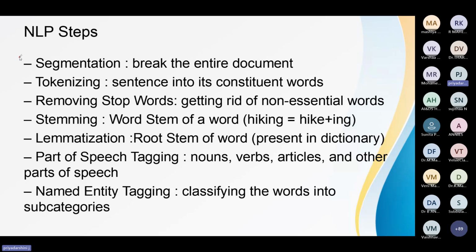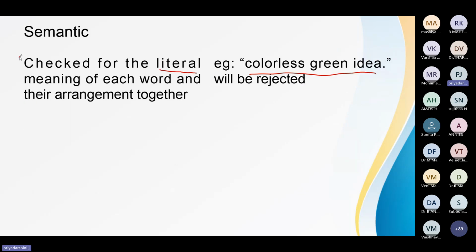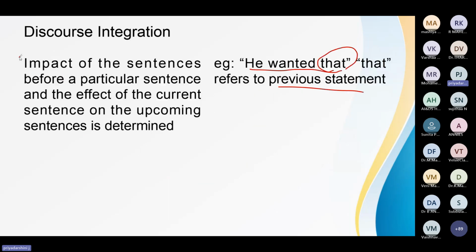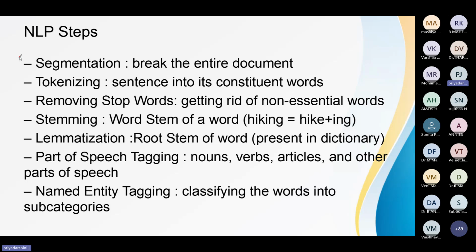Now, these are the steps which we have in NLP. We have 5 phases. Fine. So lexical analysis, syntactic analysis, semantic analysis, discourse integration, pragmatic analysis. These are the phases of NLP. Now coming to the steps that you need to follow. Segmentation: breaking the entire document.